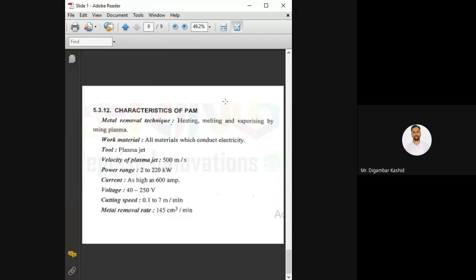As it is a thermoelectric process, heat energy is used, and when we bombard our plasma arc on the workpiece, due to that heat energy, melting will take place and vaporization will be there by using the plasma. So heating, melting, and vaporization are the important actions or techniques for material removal.